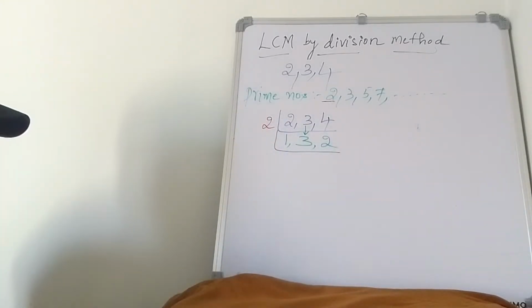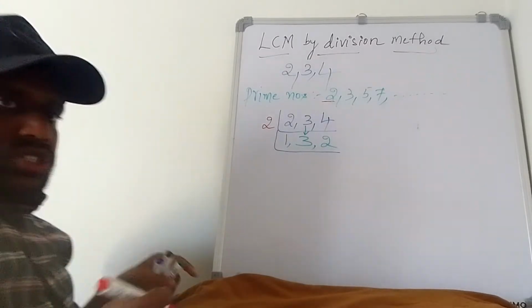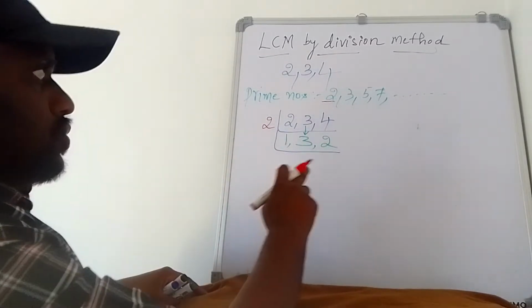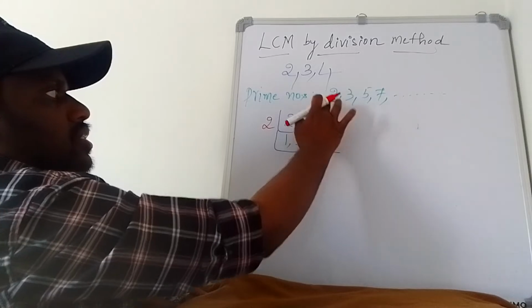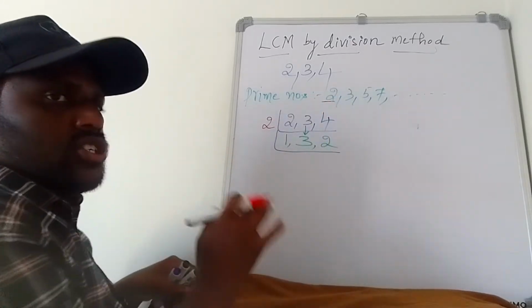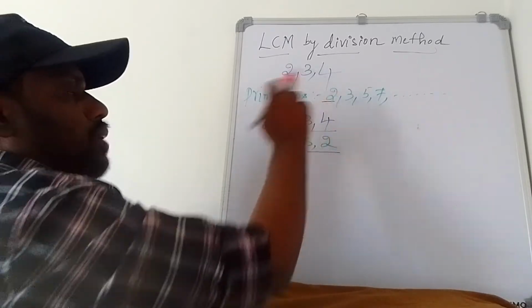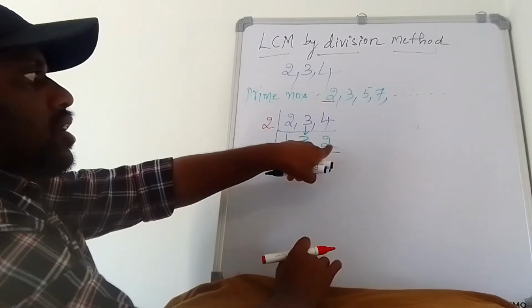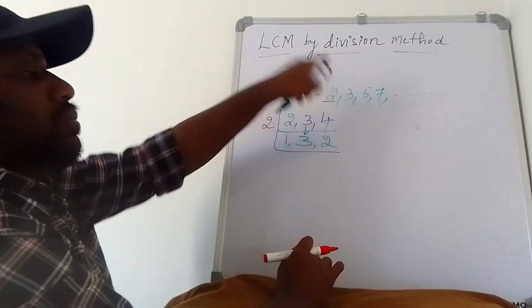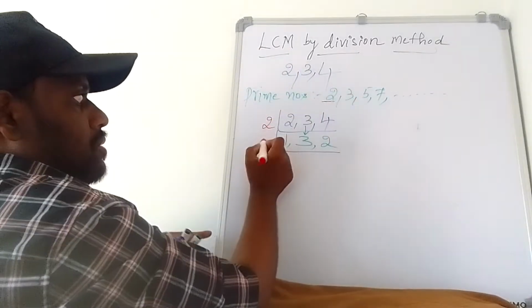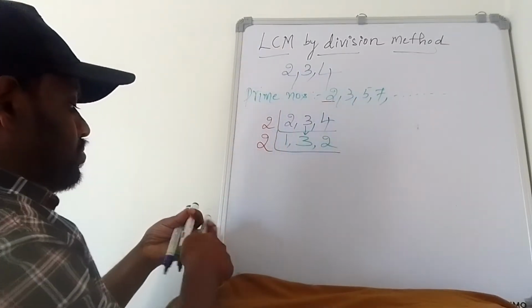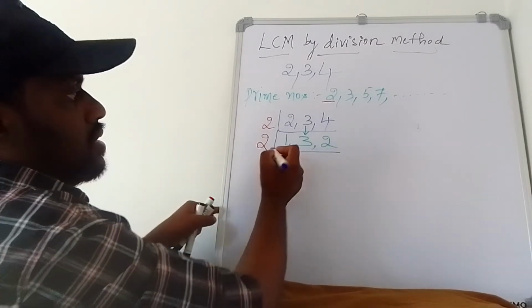Got it? Next, in the next step also, you consider the same first number. Check whether at least one of these numbers can be divided by this 2 completely. Yes, here 2 can be divided by this 2 completely, so again I am taking the same number 2.